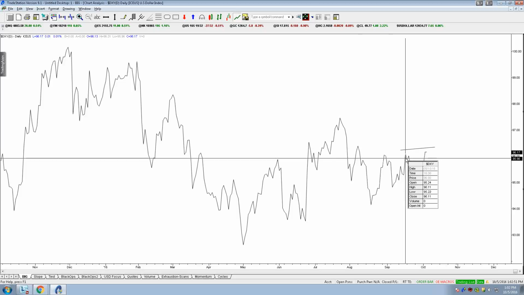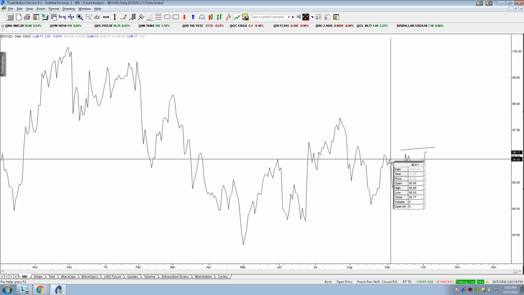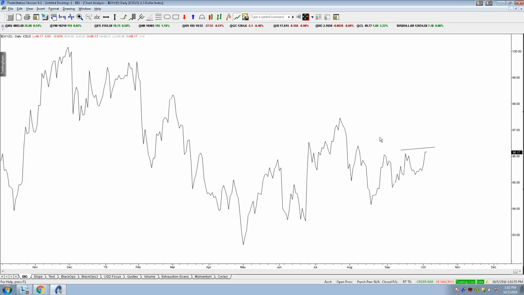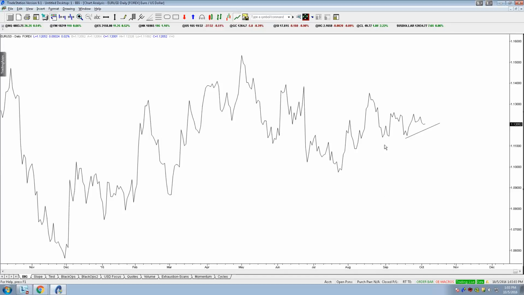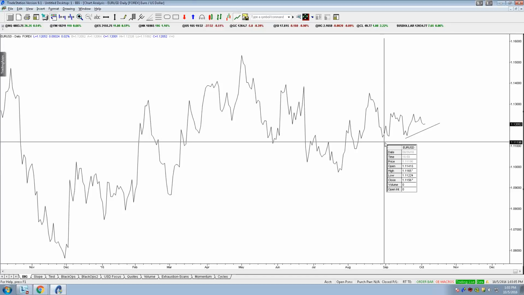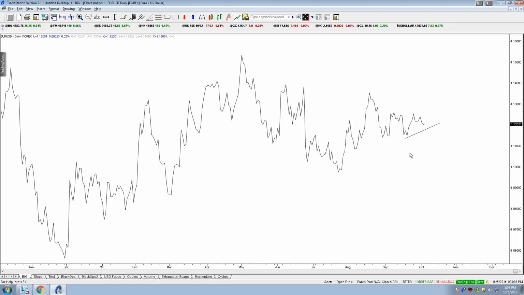It moved through the September highs and the late August highs. Let's go to the euro, where those same levels are here, and here. The euro, by contrast, is actually holding up quite well.